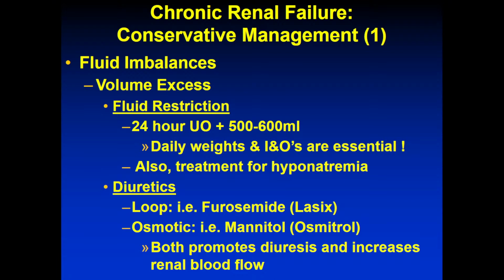Consider the level of fluid restriction like 24-hour urine output plus 500-600 milliliters of any kind of fluid. The essential is daily weights and input and output. But the best way to analyze the fluid intake and output is the daily weights.